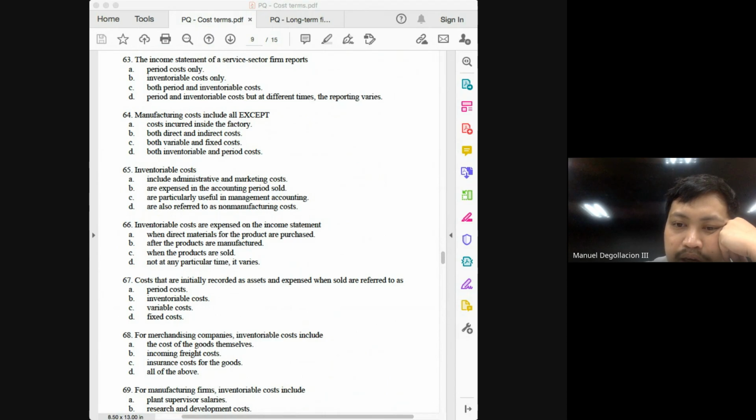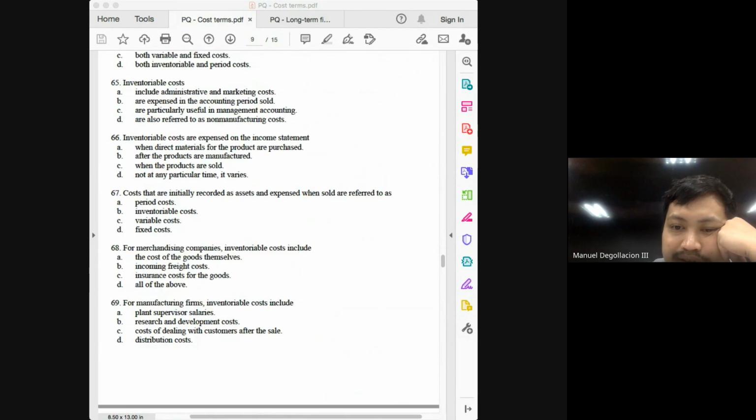If we're talking about management accounting, our concern would be more on the behavior of cost, on variable and fixed, not necessarily on inventoriable or not. Are also referred to as non-manufacturing. Definitely not. Inventoriable costs are related to manufacturing costs. So the best answer here would be Bravo.